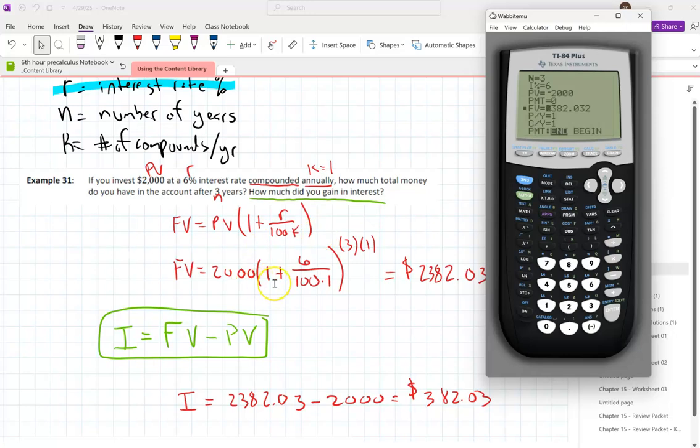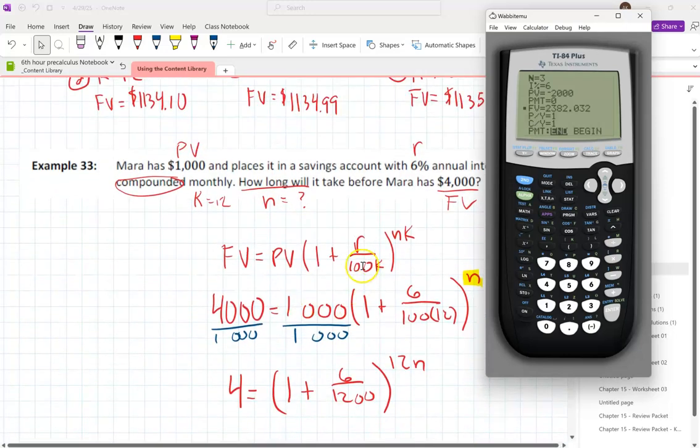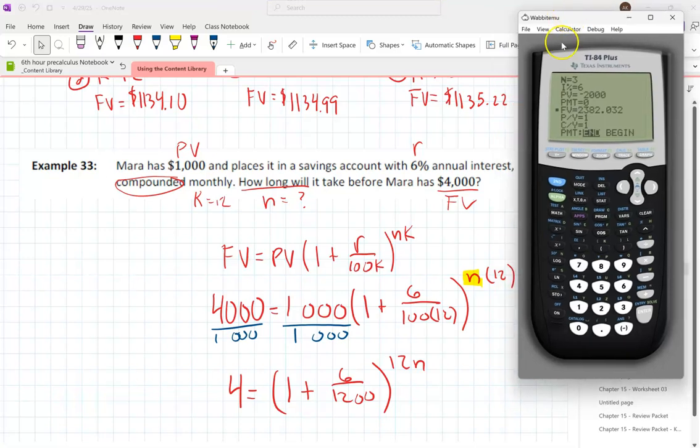That's nice, and that wasn't too rough to get into my calculator. I didn't have to do any algebra for that. But what if we were doing this problem where we had to solve for the N? So similar situation, right? Let's just update things here. We have $1,000 invested. We have 6% annual interest compounded monthly.